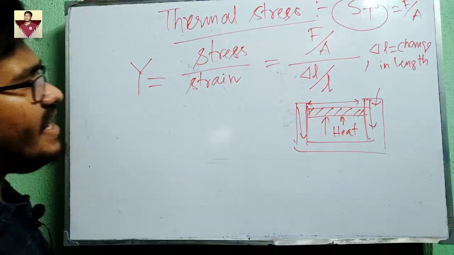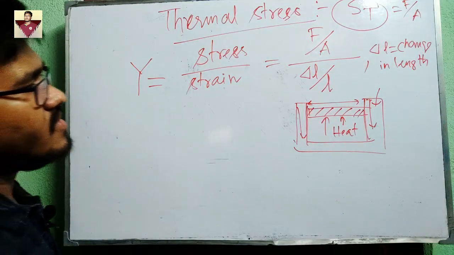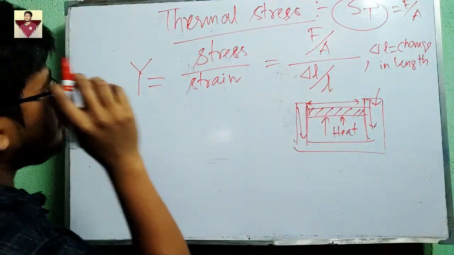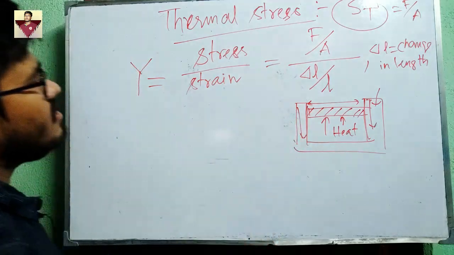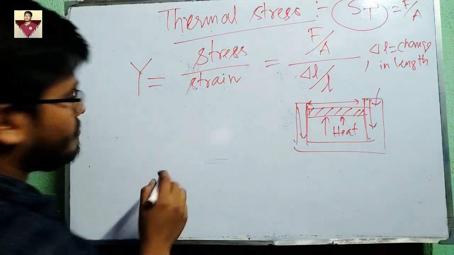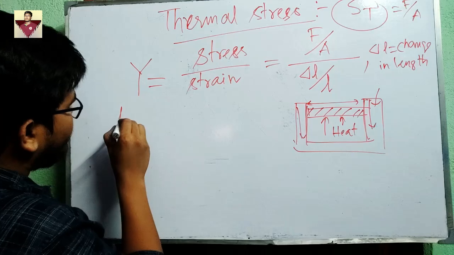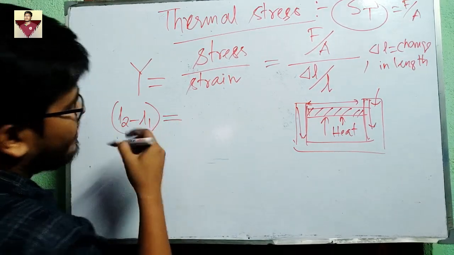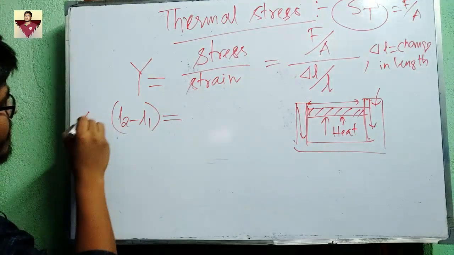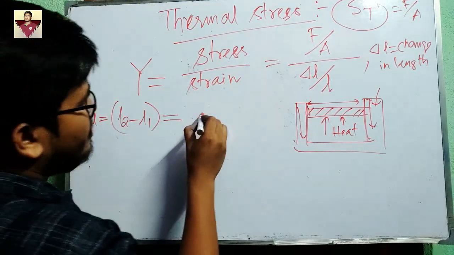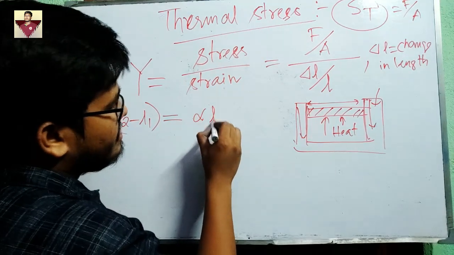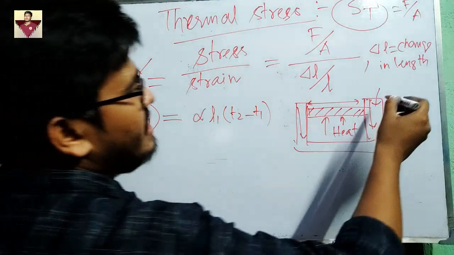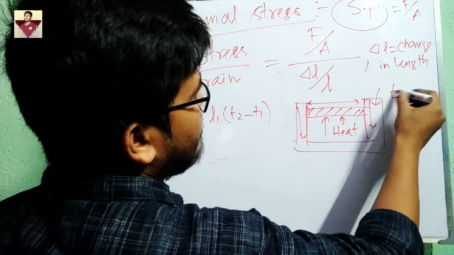So how to calculate that? The change in length ΔL is the crucial thing, which I will write by incorporating the thermal expansion mechanism. Previously, in part 1 of this video, I wrote that L2 − L1, the change in length, equals α times initial length L1 times change in temperature. Now let's say I have changed the temperature by T degrees Celsius.